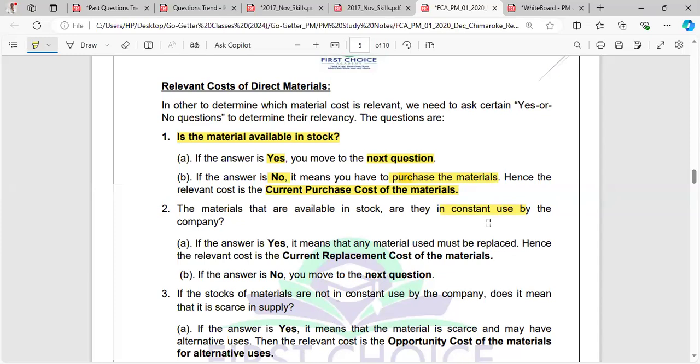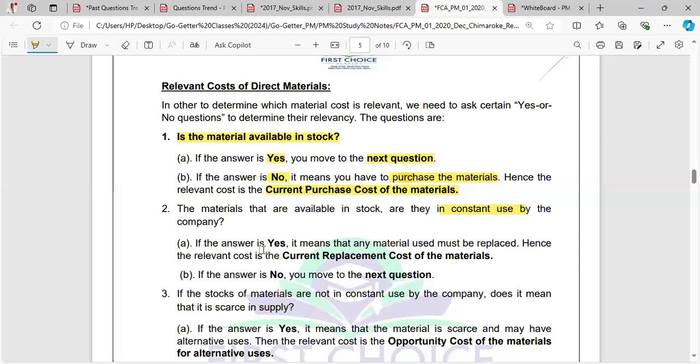Is the company using this flour constantly? Now, if it is a bakery, they will be using it constantly. Or perhaps it's a bakery and they also use it for cake, so if it is not being used by the bakery department, it is used by the cake department. So they are in use constantly.